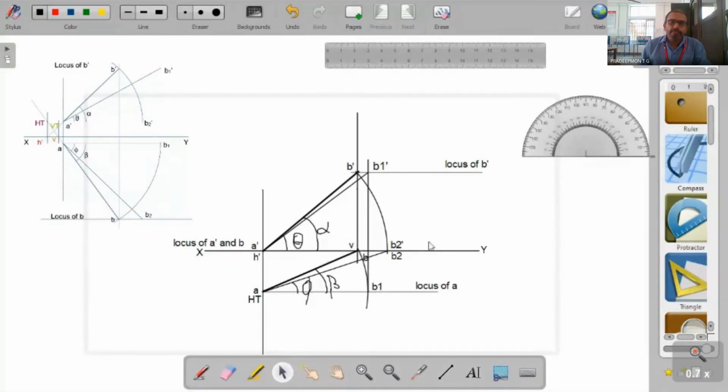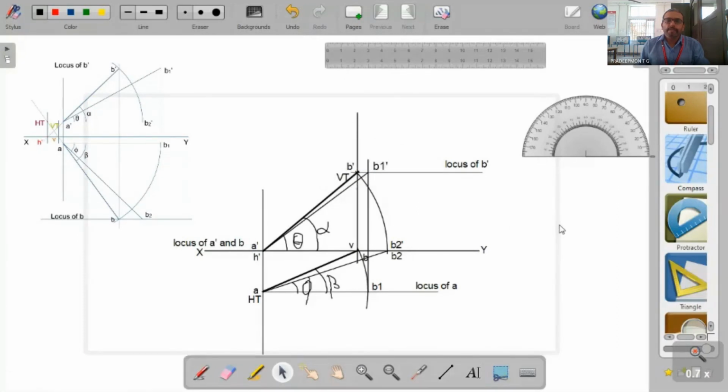It is already intersecting with the XY. So V itself is obtained as B. And then VT will be the same as our point B dash. So this will be our point B dash. VT as well as B dash will be the same point.